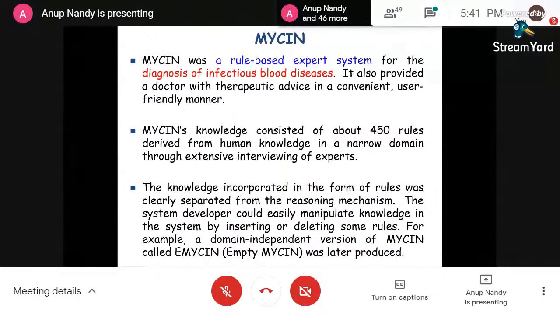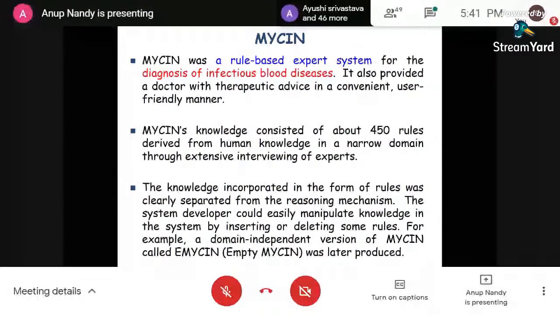A total of 450 rules were derived from human knowledge in the Mycin expert system. Whenever no doctor is available in a particular center, if you give the patient's symptoms or medical tests, it will attempt to diagnose whether this patient is going to have an infectious blood disease or not.